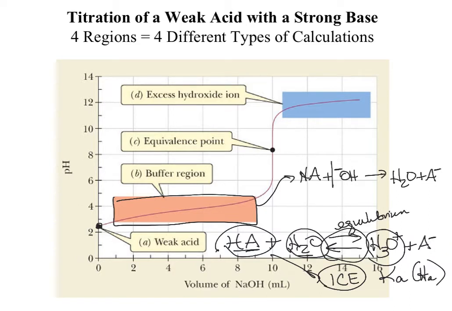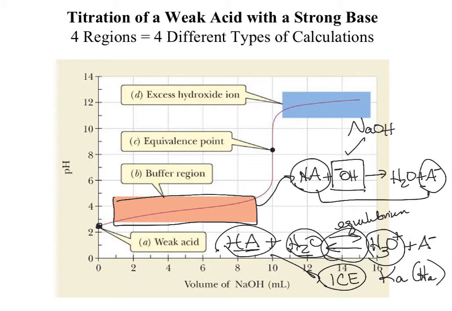When you start adding base, the reactant is no longer water, it's hydroxide. Or if you're more comfortable, you can write it out as NaOH. But the bottom line is this has entered the buffer region. So you have some original weak acid and you have some of its conjugate base. And anytime you have substantial amounts of the original weak acid and its conjugate base, you now have a buffer.